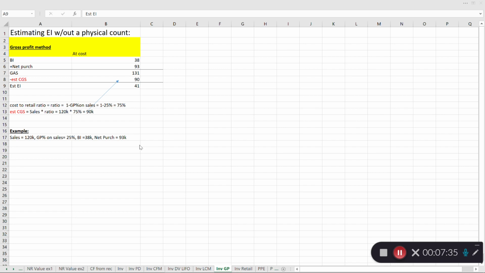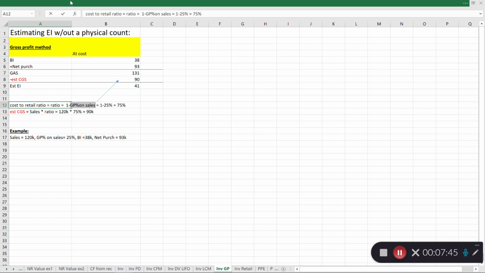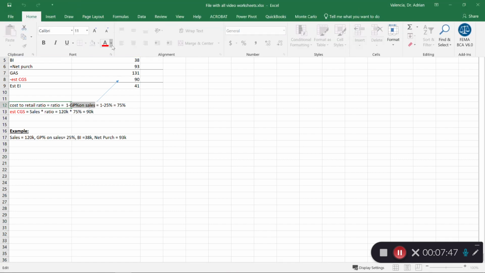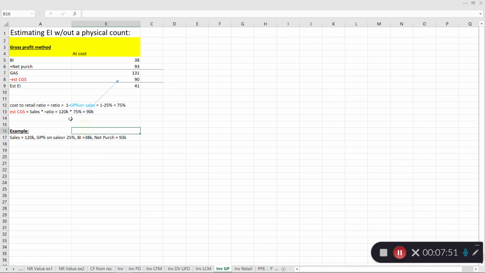And just as a final note here, keep in mind that I'm giving you the gross profit percentage based on sales. And you may not have that given as a figure based on sales. A lot of times we do the gross profit percentage based on the cost of the item.